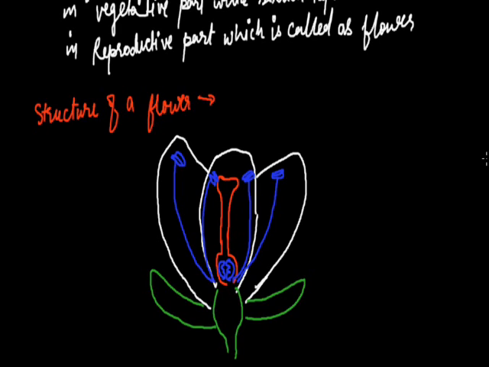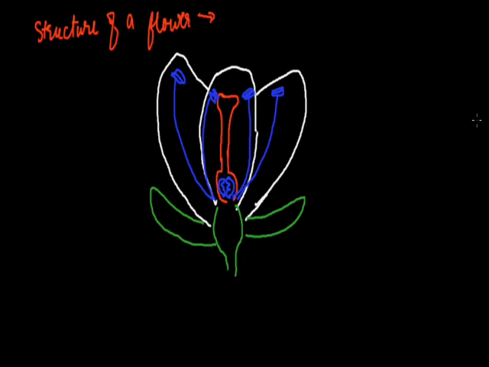Now this is the structure of a flower, and these are the different parts of a flower. First of all, the flower is attached to the main stem by a part called the stalk. The upper part of the stalk is swollen, and it is called the thalamus.